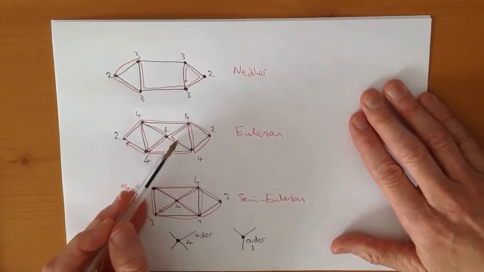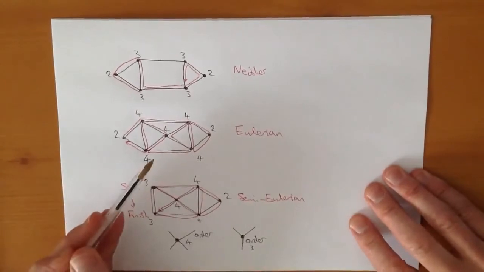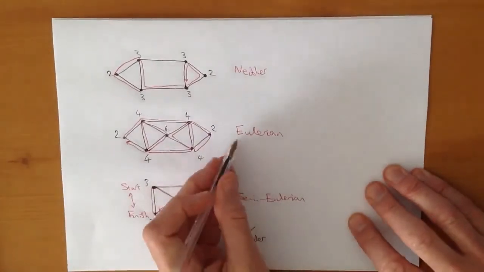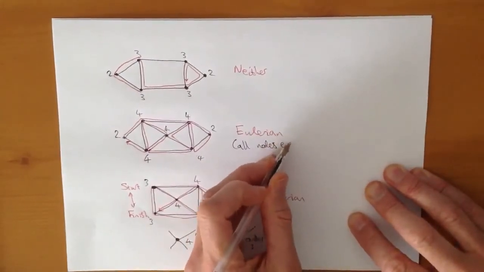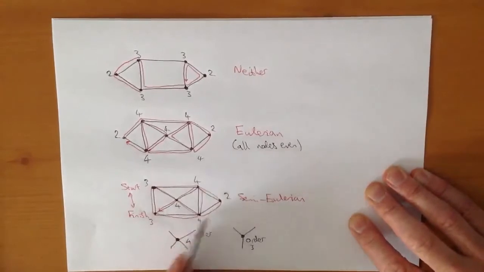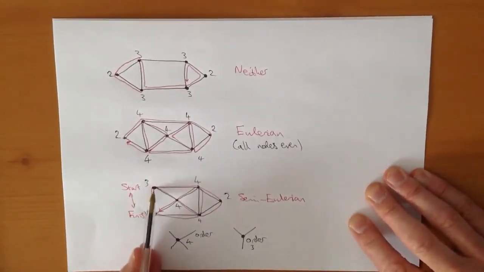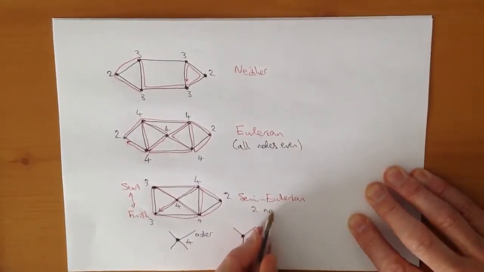When it came back again, it went into it and out of it. So, if all the nodes are even, we get an Eulerian graph. If exactly 2 of the nodes are odd, we can get a trail that starts at one of the odd nodes and finishes at the other.